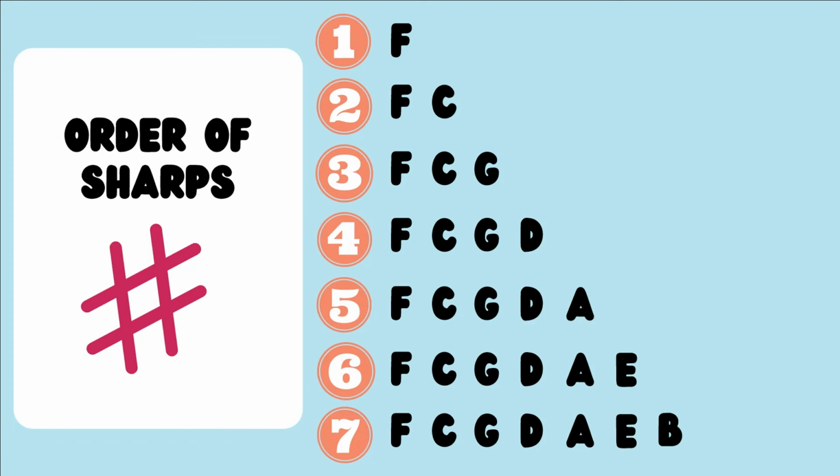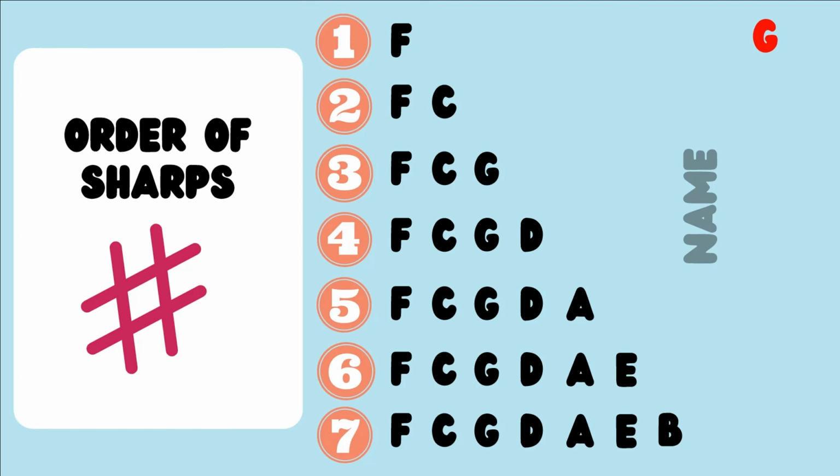Now, what are the names? Please take note that this order of sharps is not the name of the key. It's just where the sharps are placed. But from the position where they are placed in the order of sharps, you can easily find the name of the key. Well, we'll look into that. Now, let's just find the names of these ones. If it's 1 sharp, it's going to be called G. Now, you are going to observe a sequence in the naming.